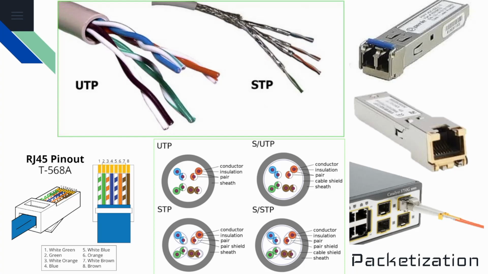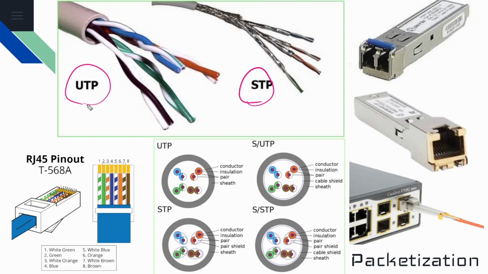In this visual here, we have two different types of cables. We have a shielded twisted pair and an unshielded twisted pair. As the name indicates, for the unshielded twisted pair, there is no further shielding from electromagnetic interference for this cable.